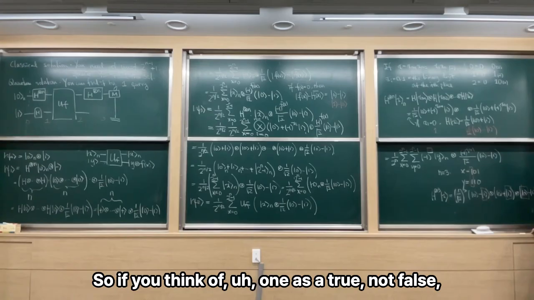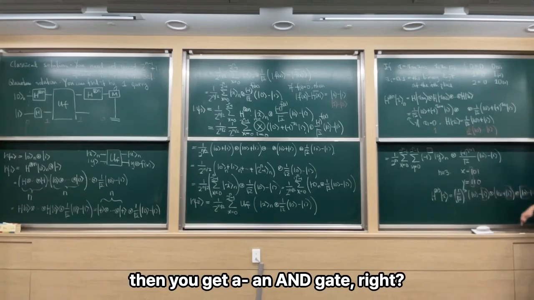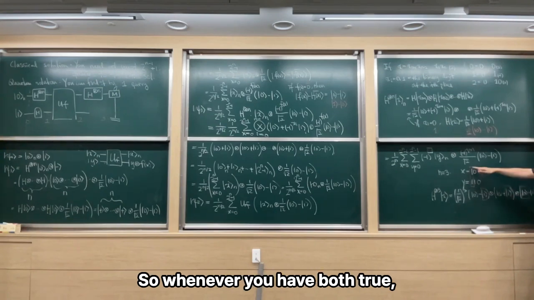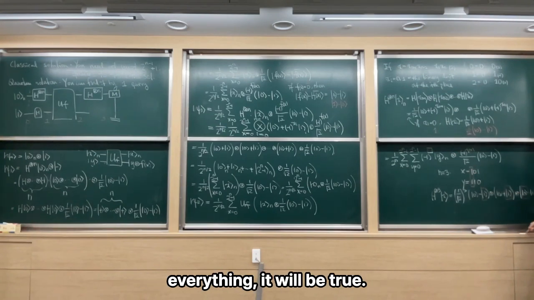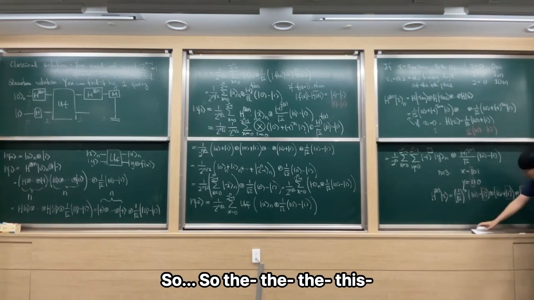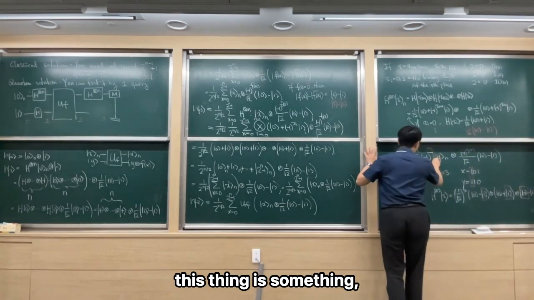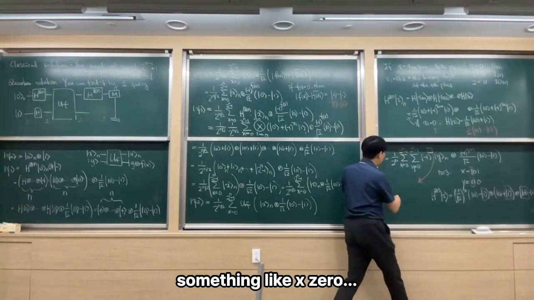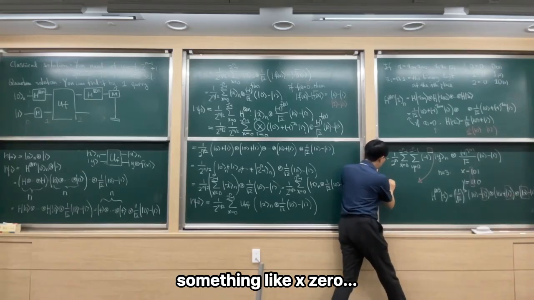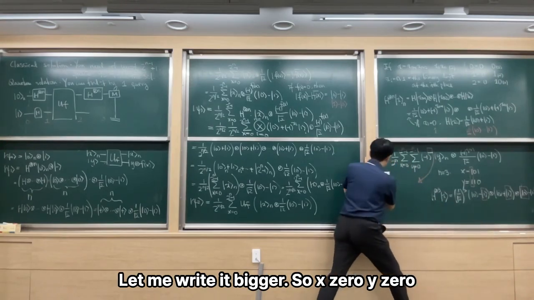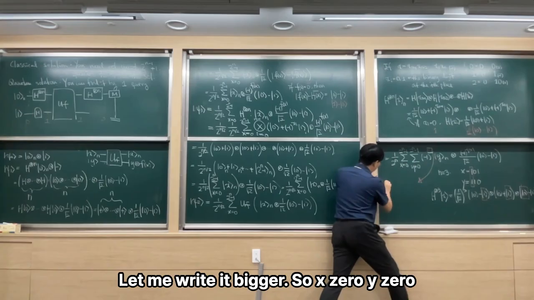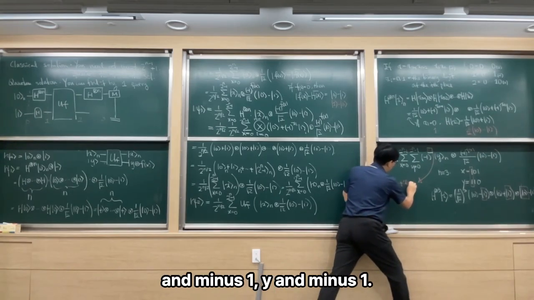If you think of 1 as true, then you get an AND gate, right? Whenever you have both true, everything will be true. So this thing is something like x0 y0, all the way up to x n minus 1 y n minus 1.